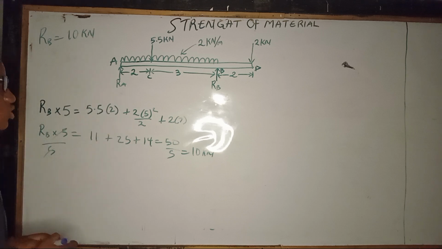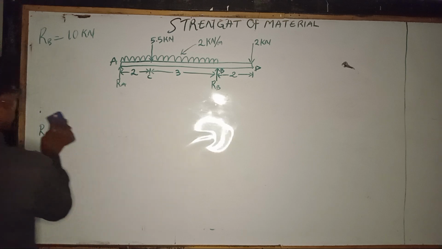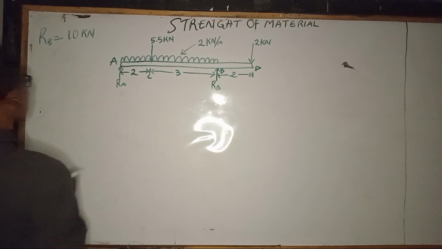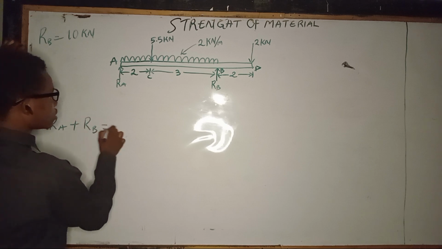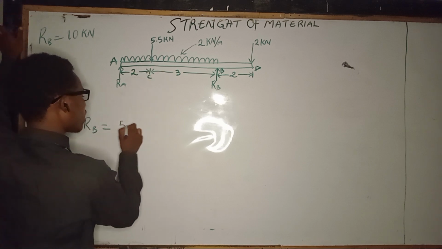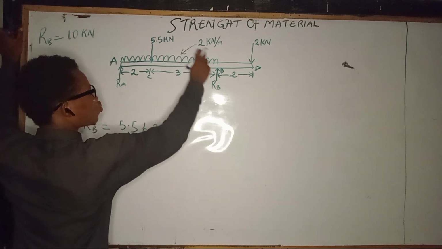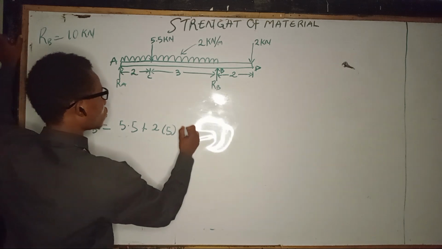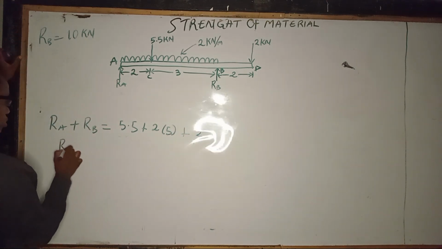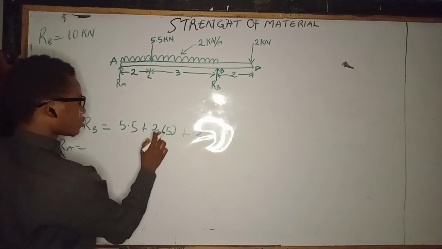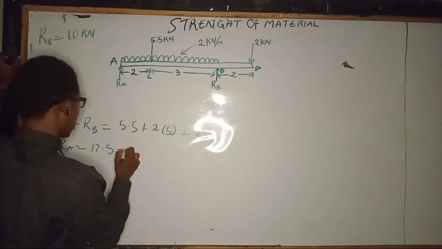So we have gotten our reaction at B. The next thing is to find our reaction at A. Now, the reaction at A plus the reaction at B is equal to the total load, which is 5.5 plus 2 times 5, that is 2 times the entire 5 distance, plus 2 kilonewton. So we have RA is equal to 5.5 plus 10, that is everything is 17.5, minus RB.